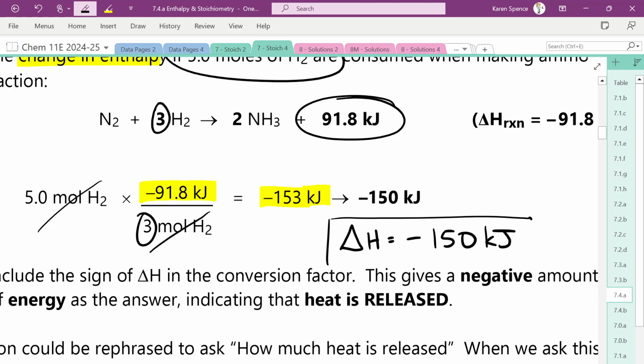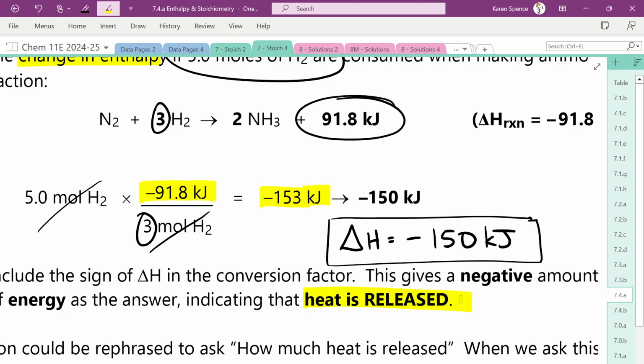So from now on, I am going to get sticky about kilojoules or kilojoules per mole. Now, this is our change in enthalpy, and change in enthalpy is either positive or negative. But if I ask you, instead of the change in enthalpy, how much heat is released, you will not say, I released negative 150 kilojoules.